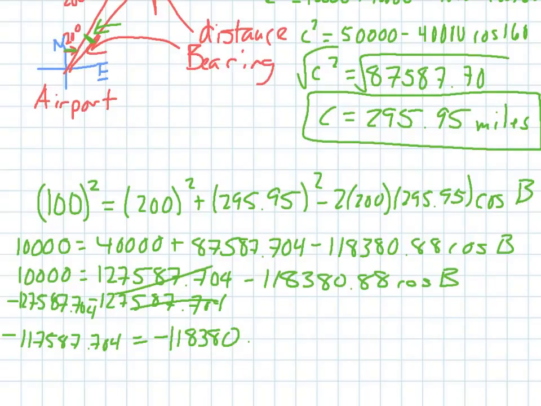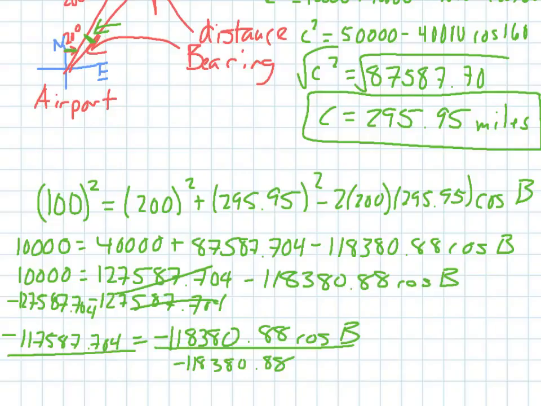Okay, so now we can divide. Okay, that gives us cosine of B equals 0.33.